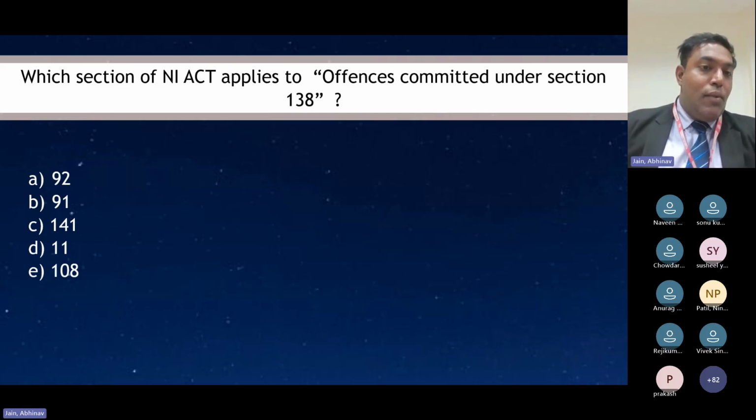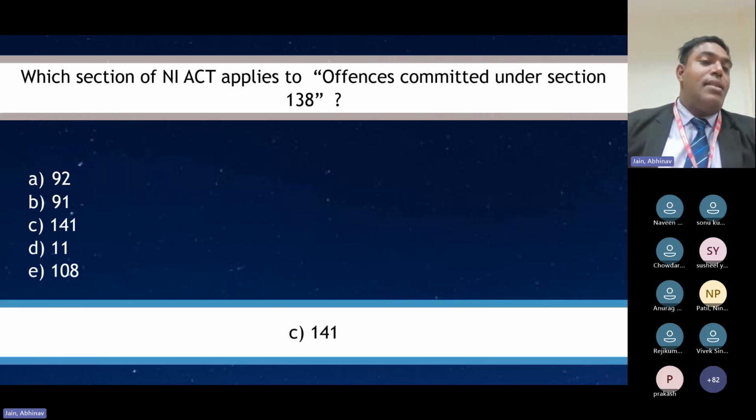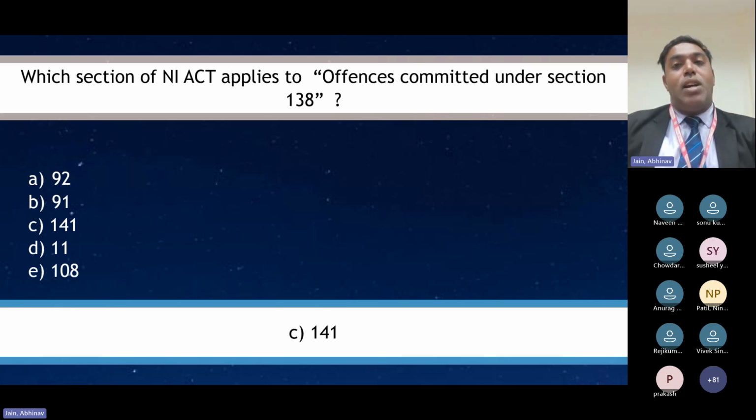The correct answer is C, 141. Section 141 is the section under which punishment for offenses committed under section 138 is defined.